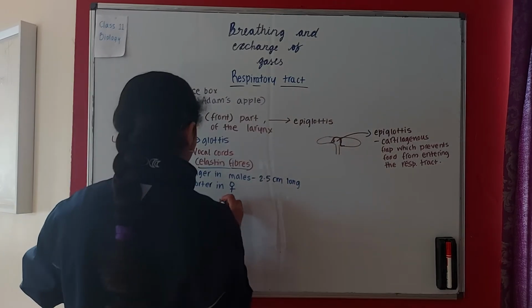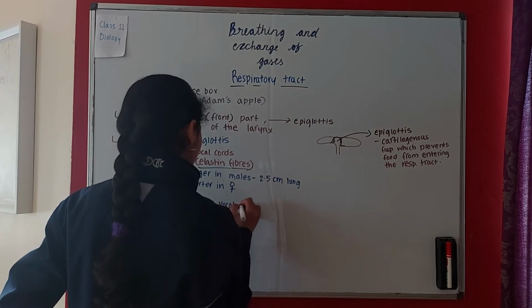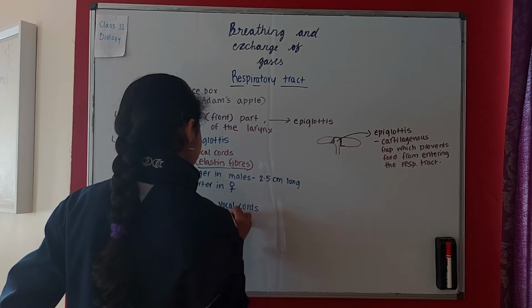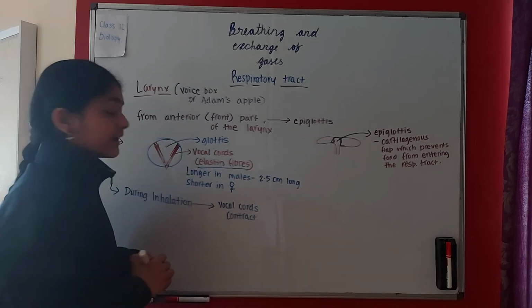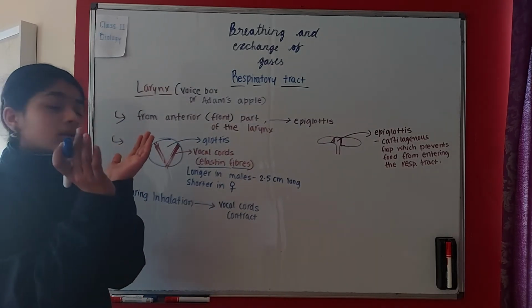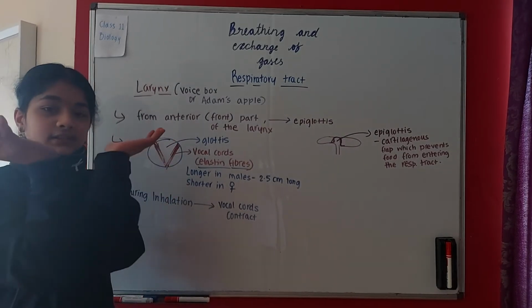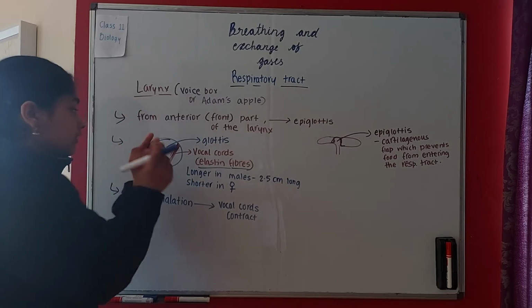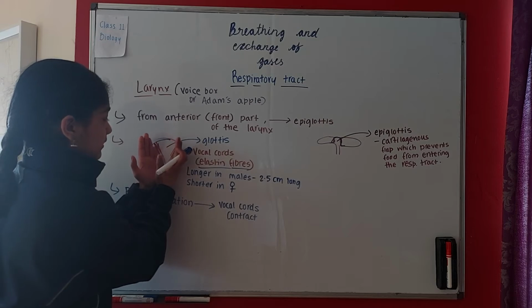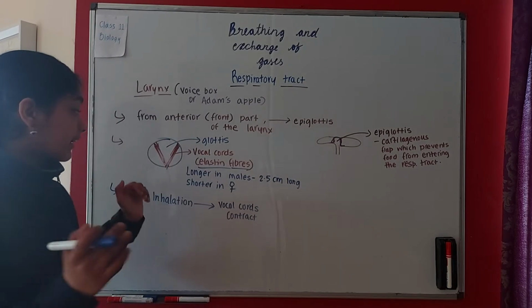If these are the two vocal cords, when they are here, they actually move like this. So like this, they contract. They move a bit far apart.